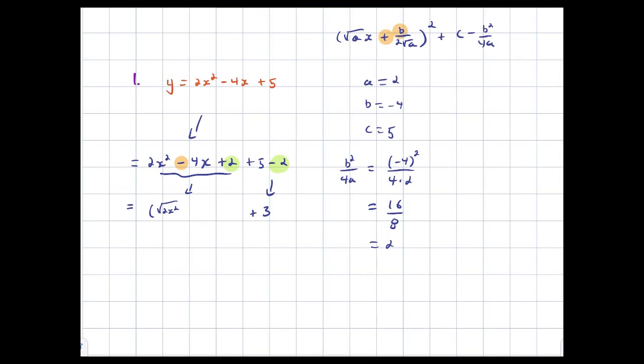So we're subtracting here. This is going to be b over the square root of a times 2. The square root of a is root 2, and 2 is just 2, and b is negative 4. So this is going to be minus 4 over the square root of 2 times 2, squared, plus 3.